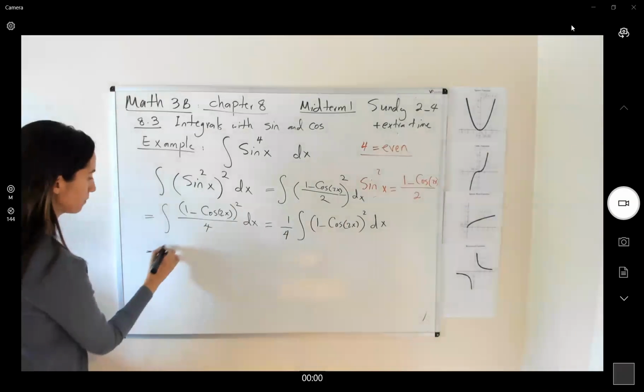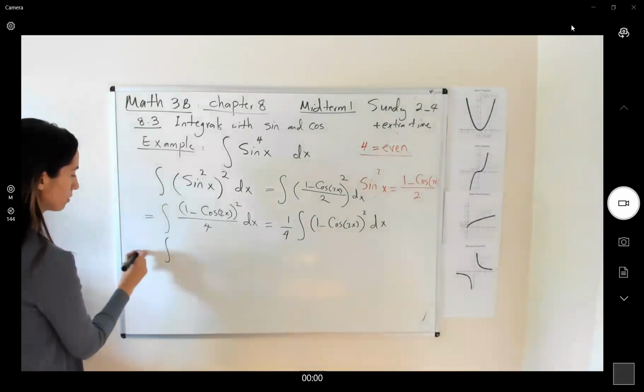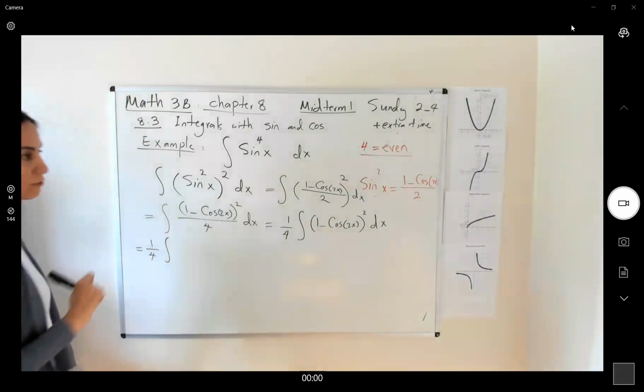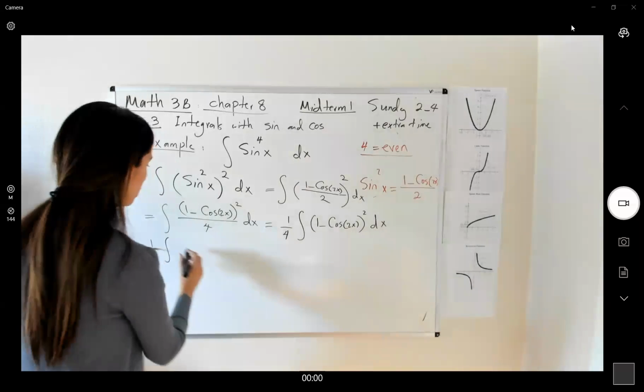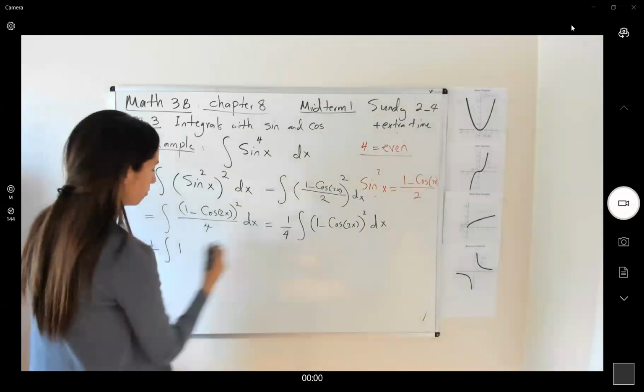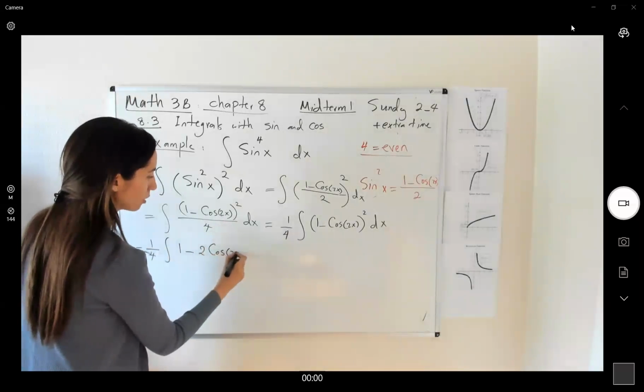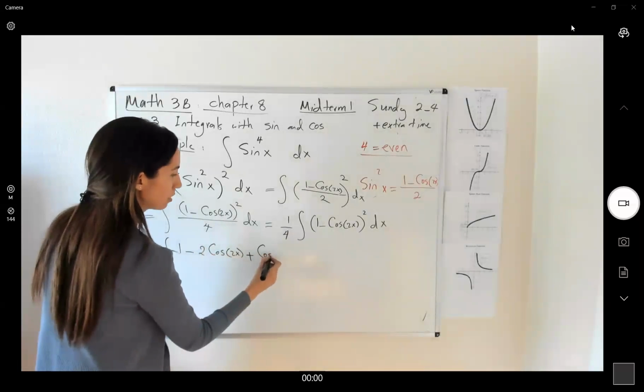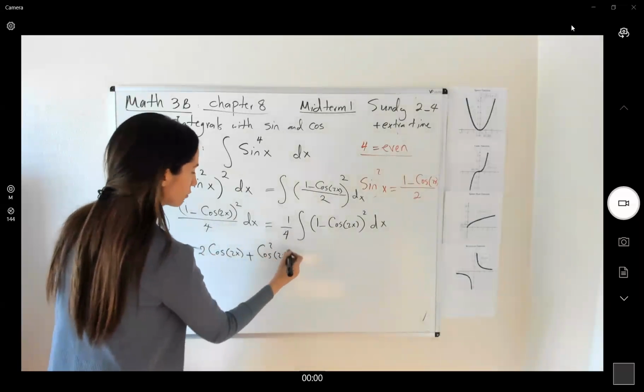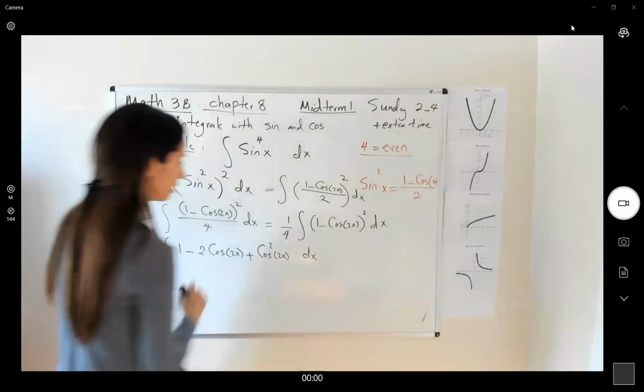This is equal to 1/4 in front of the integral of 1 minus 2 cosine 2x plus cosine squared of 2x dx.